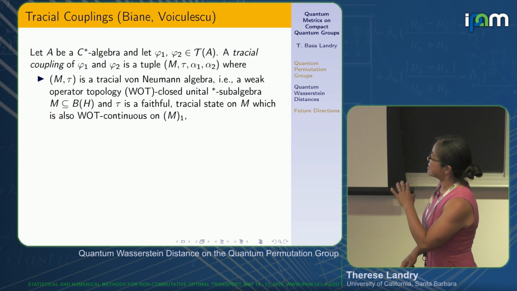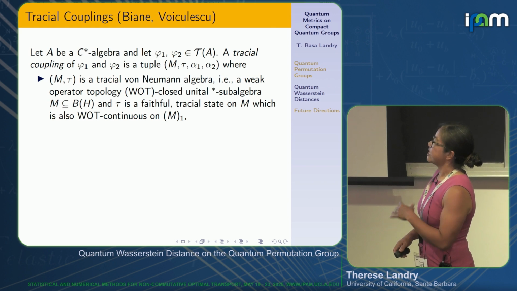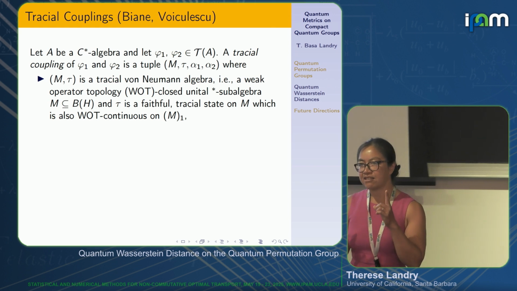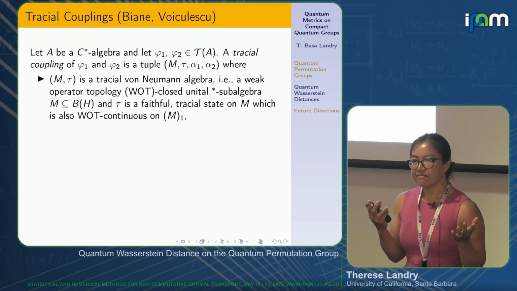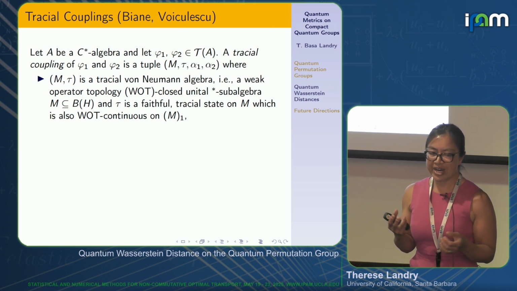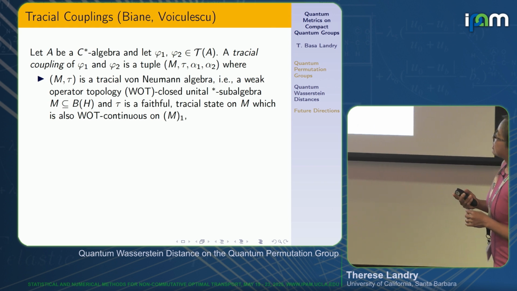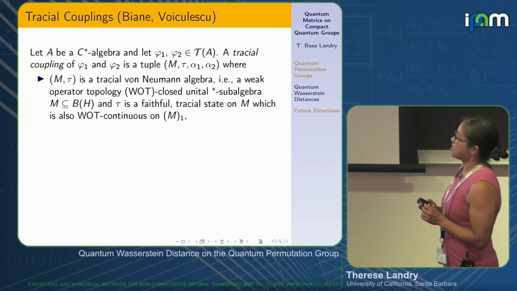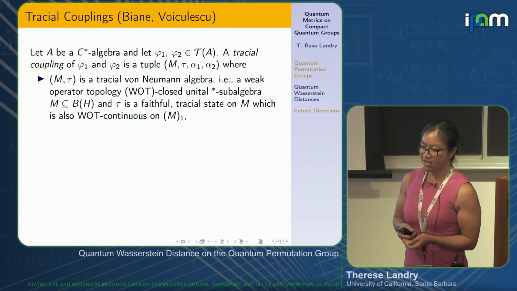In a tracial von Neumann algebra, besides being a tracial state, it vanishes on commutators, so tau of xy equals tau of yx. It's also faithful, and it's also continuous with respect to the weak operator topology.